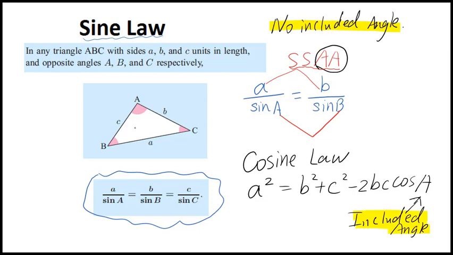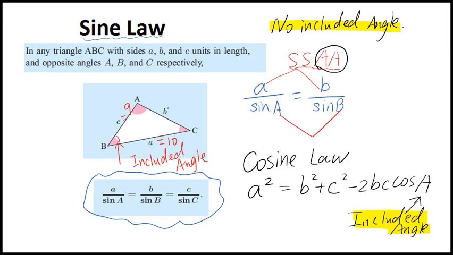What's an included angle? Included angles are those angles whose surrounding sides are known. For example, if I know this side a is 10 and c is 9, then this B we call an included angle.